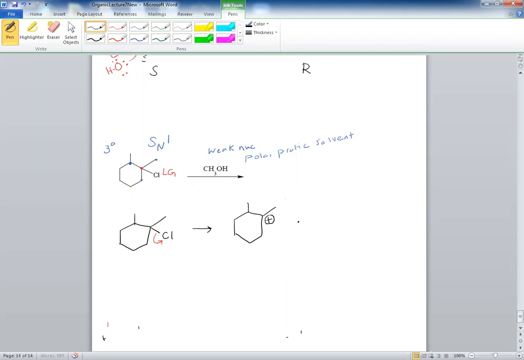Now here's a chance for our nucleophile to attack, which is this.